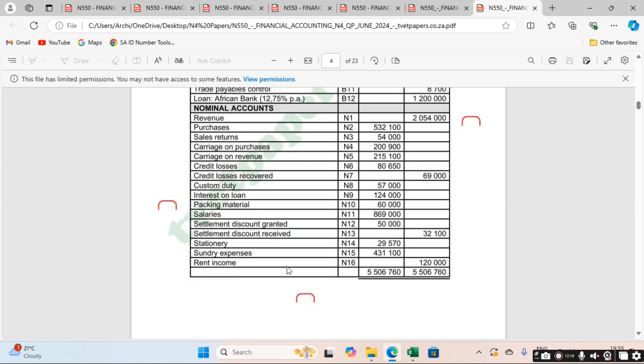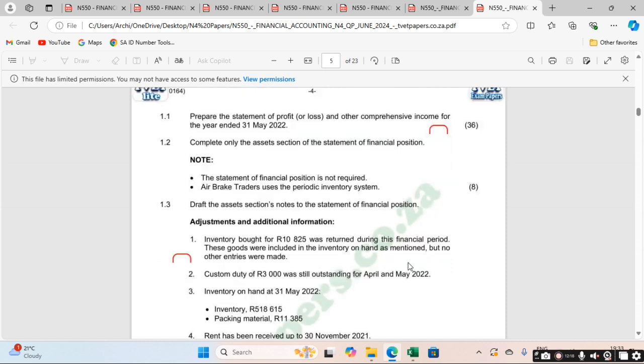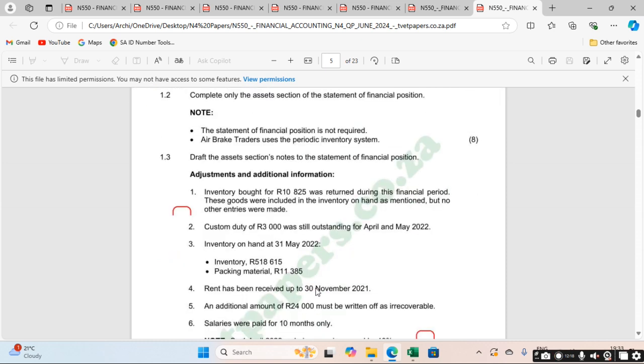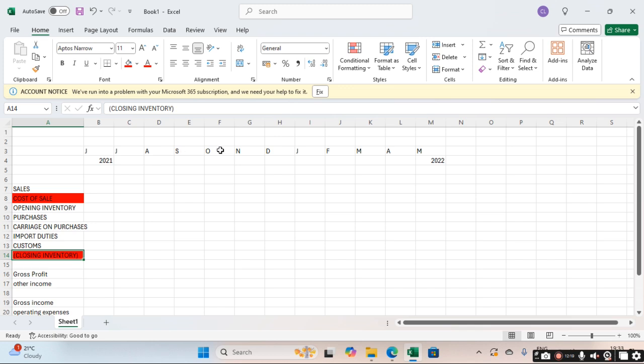Okay, so meaning we received 120 so far because they said it has been received up until 30 November. Going back to our transaction, the rent amount has been received for these months.